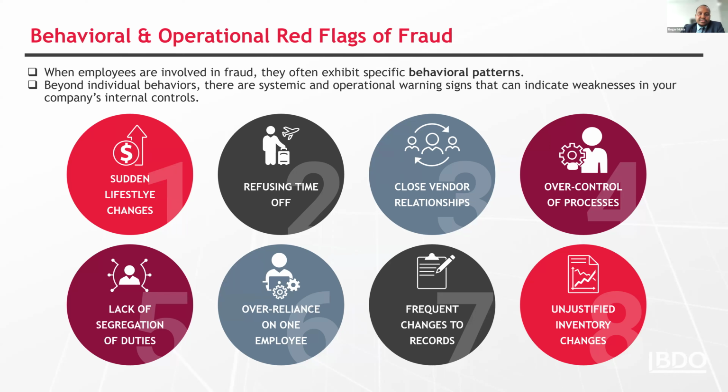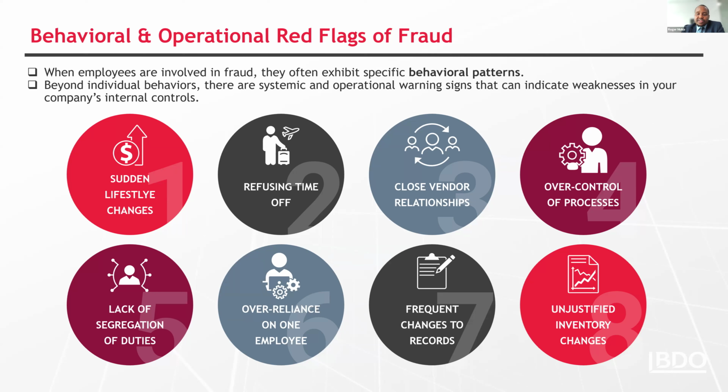The next one is over control of responsibilities or processes. So you'll find that employees who commit fraud will often want to control all aspects of the processes that they're manipulating. For instance, an employee might be very reluctant to share information or delegate responsibilities, and they just prefer to handle everything on their own.